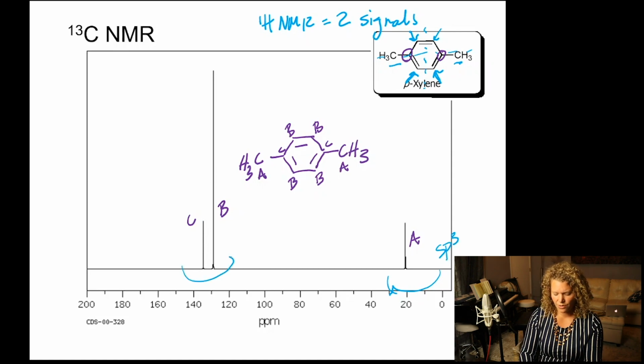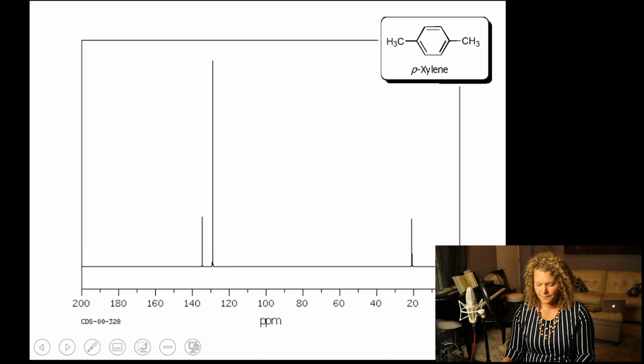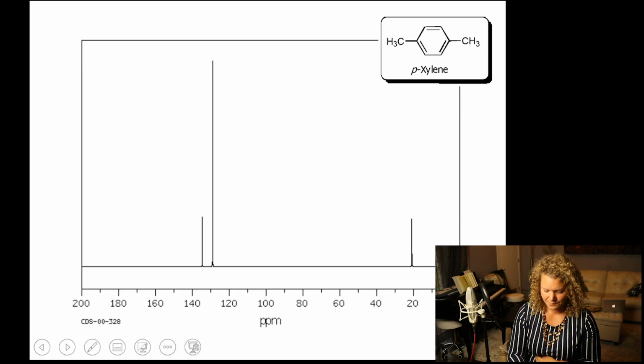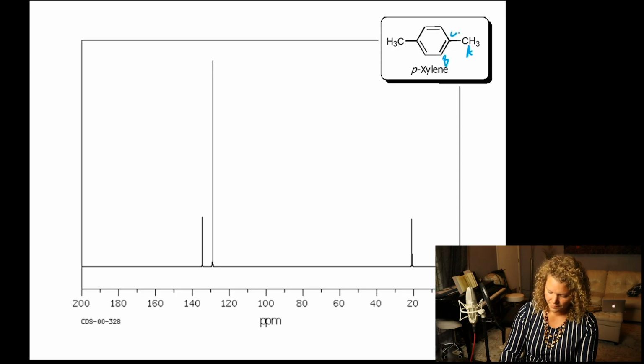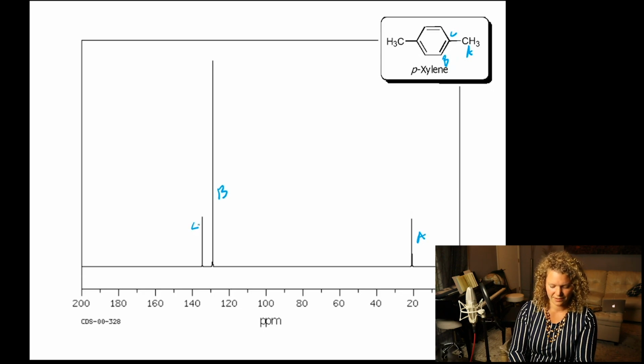And I would want you to know that these two are sp2 hybridized carbons. Let's do one more example with paraxylene with our carbon NMR. Again, we know this is our A, here's B, and here's C.